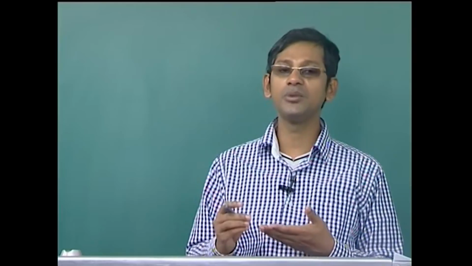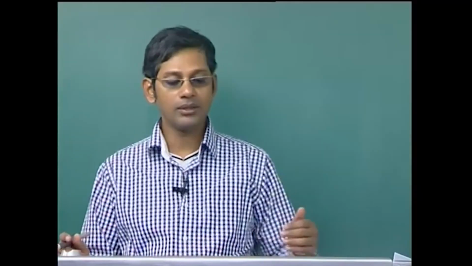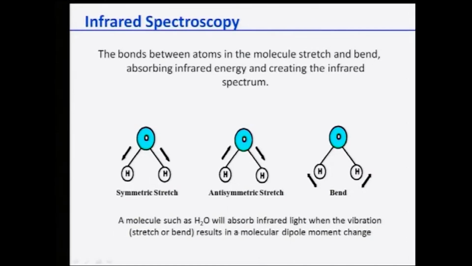So if we use infrared radiation we can energize this spring to a higher energy level, and when it comes back to the ground level it will emit radiation, which is absorbed, and by measuring that we can determine the type of bond present in the material. Bonds between atoms in a molecule can stretch and can bend when they absorb infrared energy, and that is how the plot of absorption or transmission versus wavelength can be prepared.